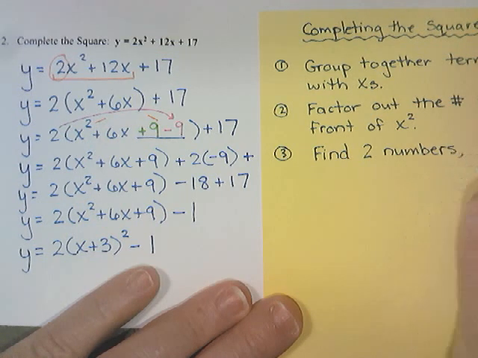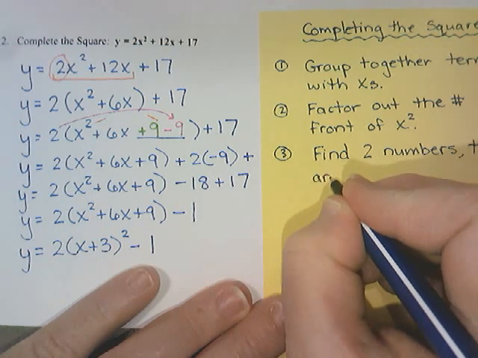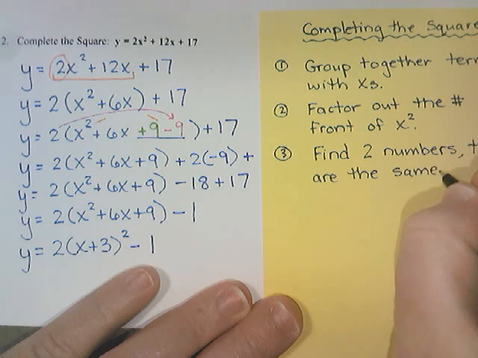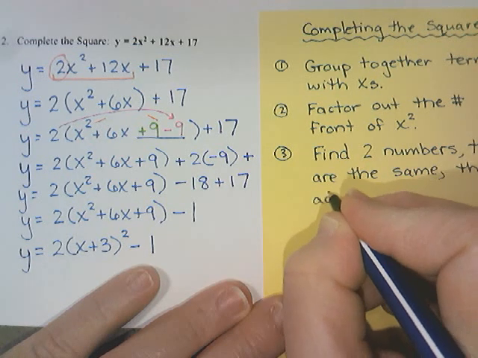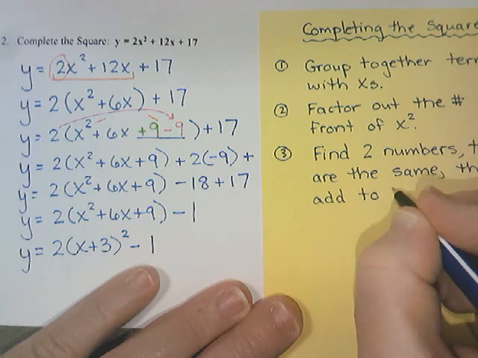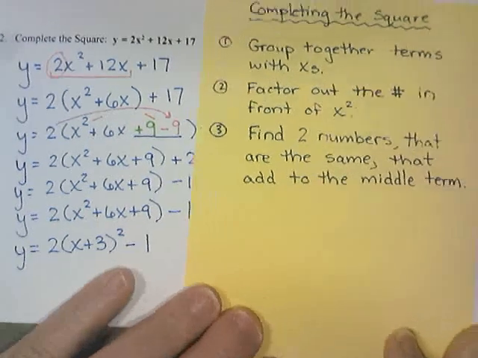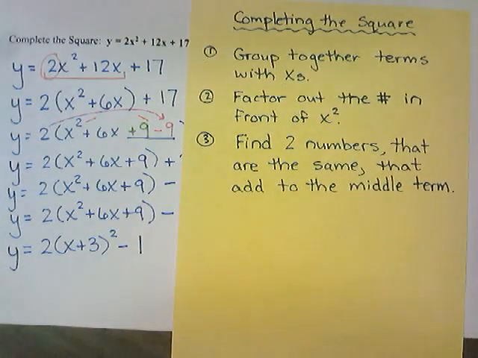So find two numbers that are the same that add to the middle term. Right, so you can't see that. I said find two numbers that are the same that add to the middle term.